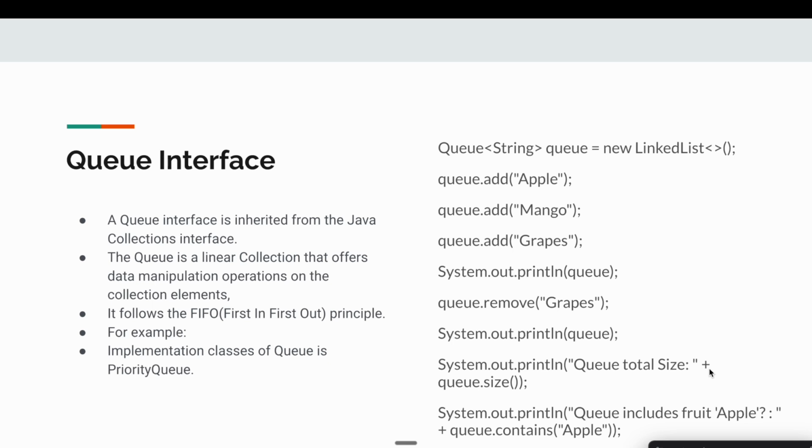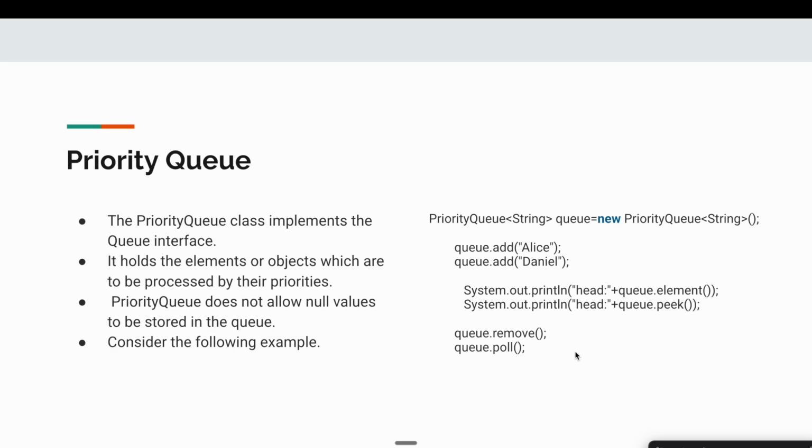So queue has implementation classes. PriorityQueue is one of the implementation classes of the Queue interface. It implements the Queue interface, and the specification of the priority queue is that the elements in the priority queue have priorities.